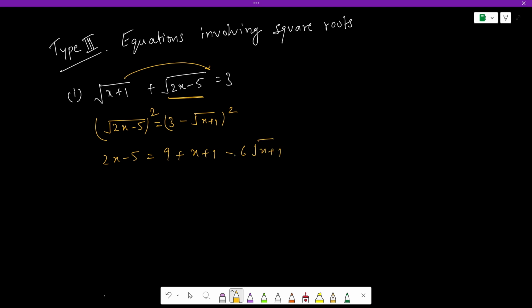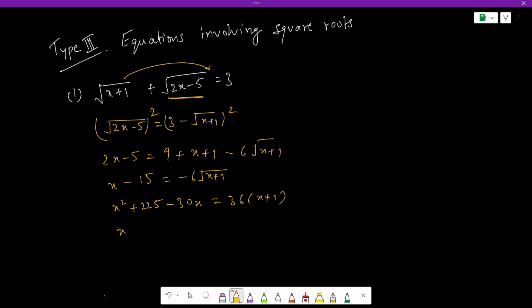Now again isolate this root x plus 1 and square it. So let's solve this first. This becomes x minus 15 equals minus 6 under root x plus 1. Now squaring both sides, we get x square plus 225 minus 30x equals 36 into x plus 1.